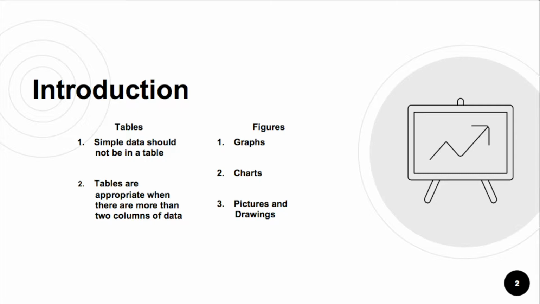Figures, like graphs, such as a bar graph or a line graph, charts, like a pie chart, and pictures and drawings, things that you produce or find on the internet, would fall into the category of figures. And that's what we'll be talking about during this presentation: tables and figures in APA format.